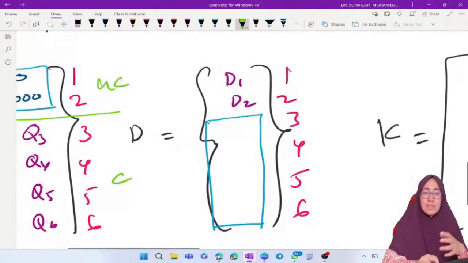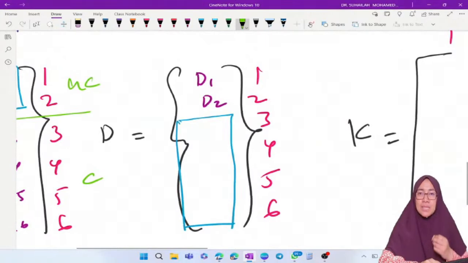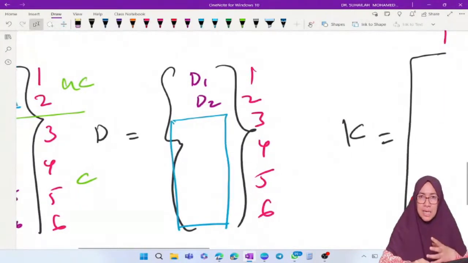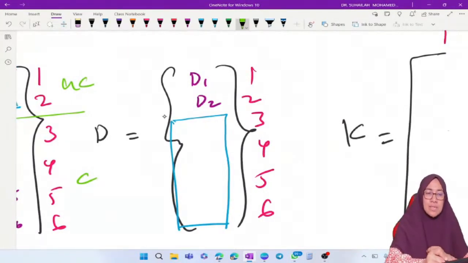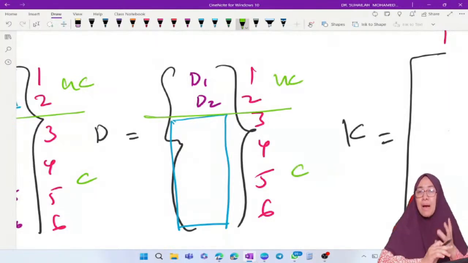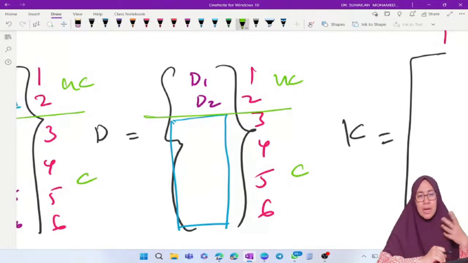Let's do the same for D. D1 and D2 are on the boundary between unconstrained and constrained, and the condition is always opposite. If unconstrained is unknown, constrained must be known values.